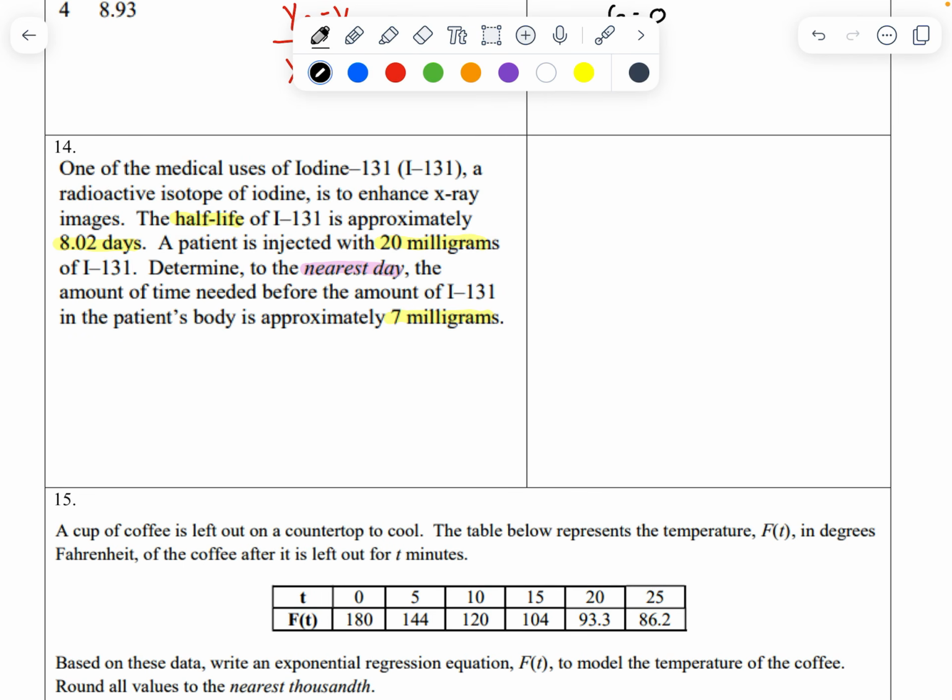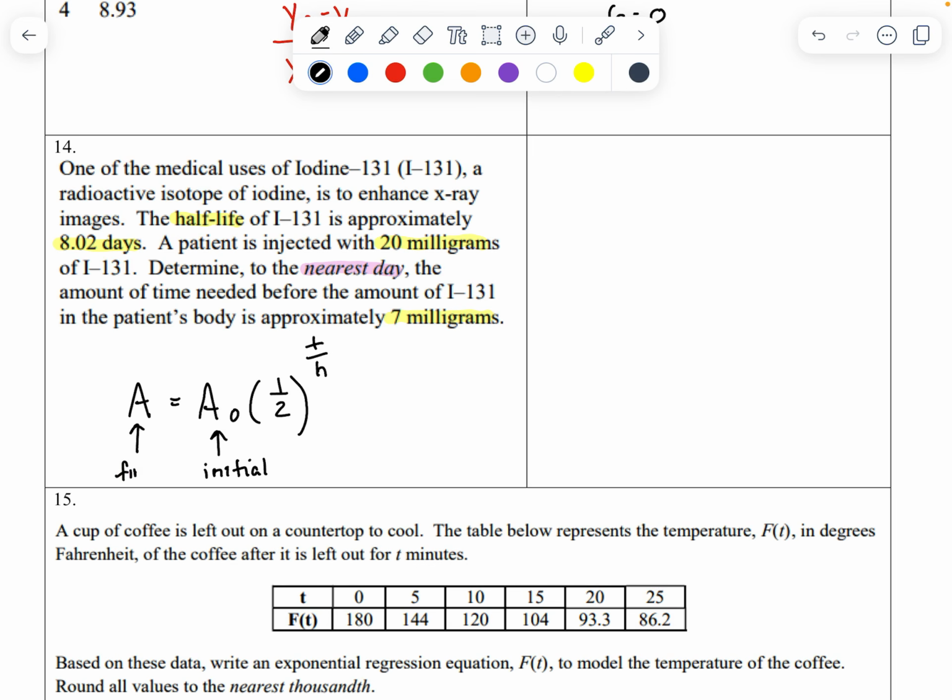Now here's the deal with this. You do not have to memorize this formula. This formula is on your formula sheet, and it looks like this: T over h, I believe it is a lowercase h. Now this is your initial, so your initial is going to be 20.